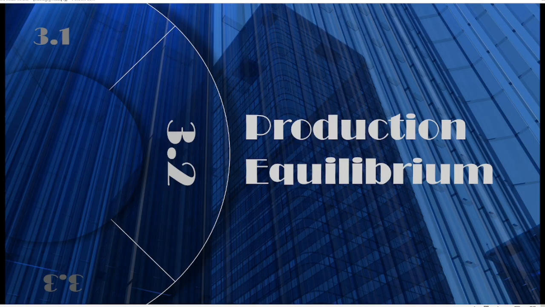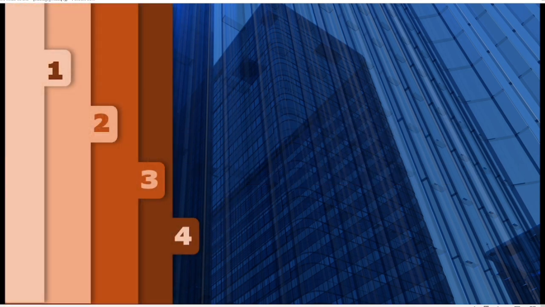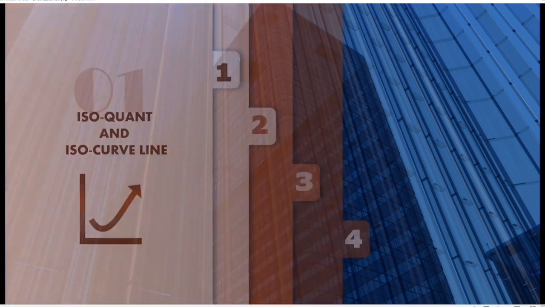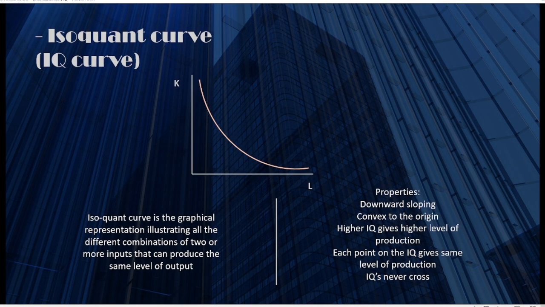Let's quickly summarize the key concepts of production equilibrium. First, we have the Iso-Quant curve. The Iso-Quant curve shows all the possible combinations of two inputs like labor and capital that produce the same level of output, just like an indifference curve. Higher isoquants represent higher levels of production.